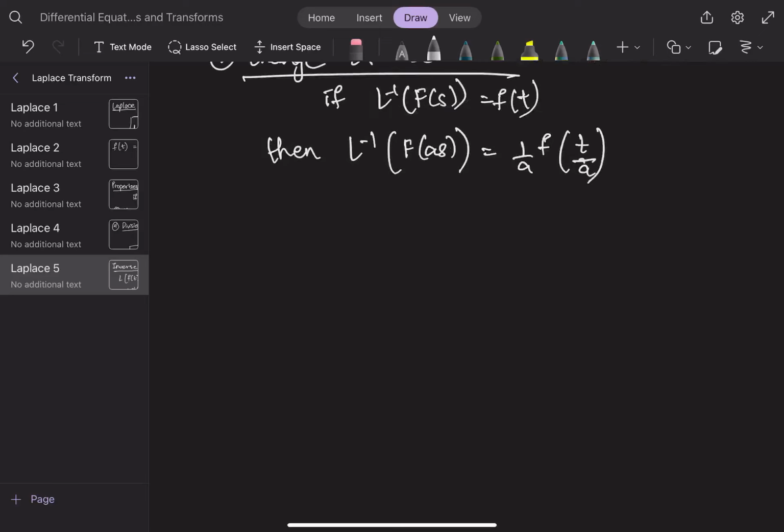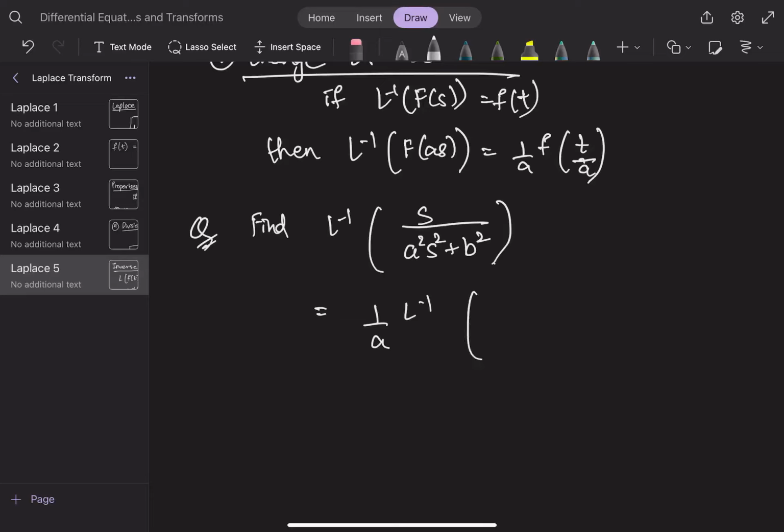Example, let's take this question. Find Laplace inverse of s divided by a square s square plus b square. So you can write this as 1 by a Laplace inverse of as divided by (as) whole square plus b square.